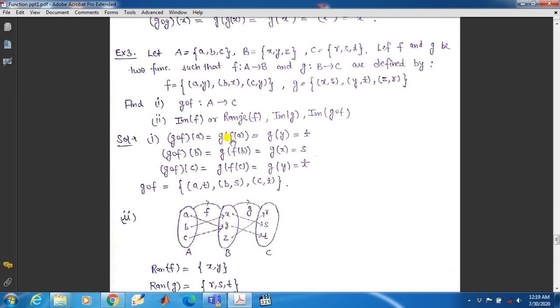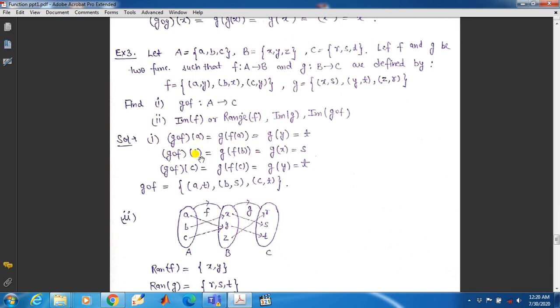By the similar method, gof of a will be g of f(a). f(a) is given by the function here. That means f of a is y. So it becomes g of y. For g of y, you need to go to the function g. The second element, g of y is t here. That means gof of a is t.